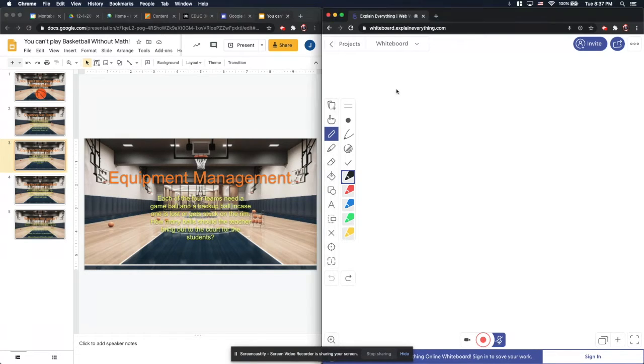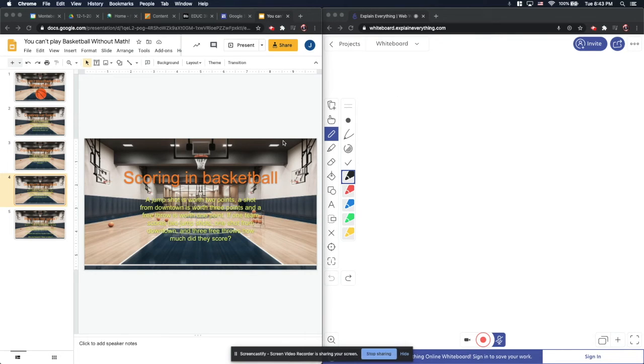So I'm going to go ahead and write down 4. And we need 2 balls per team, correct? So yes, they need a game ball and a backup ball. So what we're going to do is just multiply that by 2. And that's going to give us a total of 8 balls that we need in order to play the game.